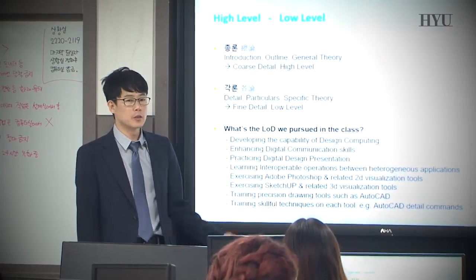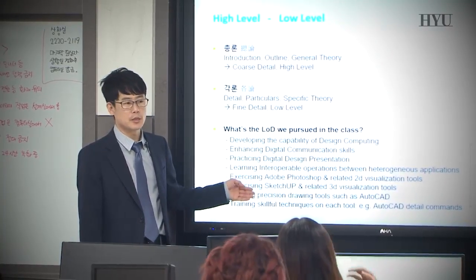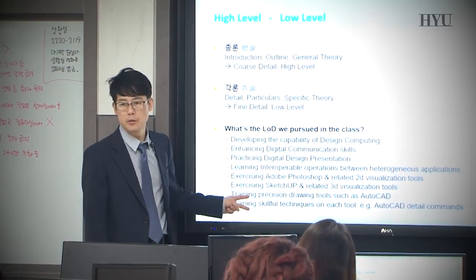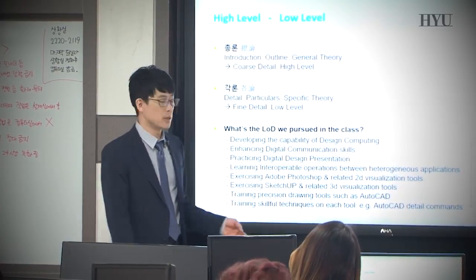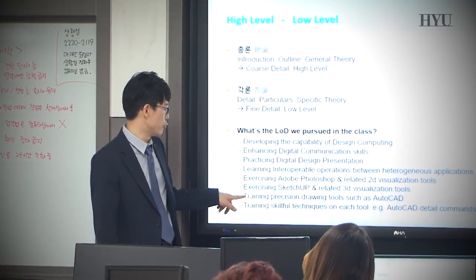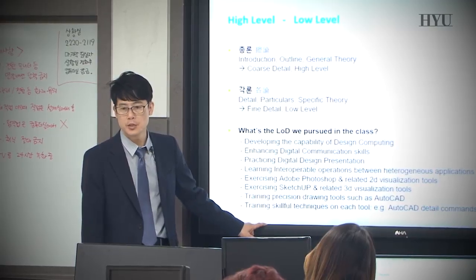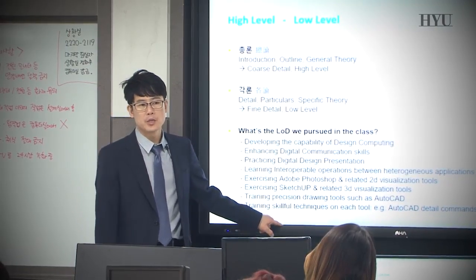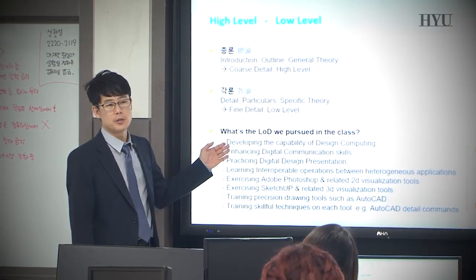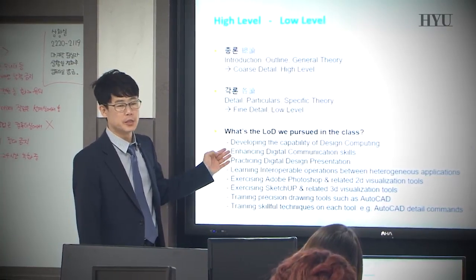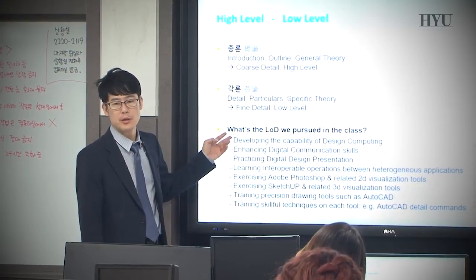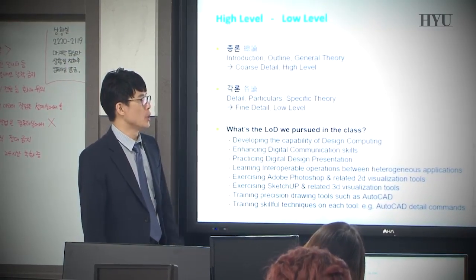So let's talk about the level of detail. Which one is higher level of detail? Low level, okay? In low level, level of detail is getting higher simply because now we are dealing with specific tools, specific software, specific details. But in high level, in other words, in lower level of detail, we are dealing with something outline, general things, theory, introduction.